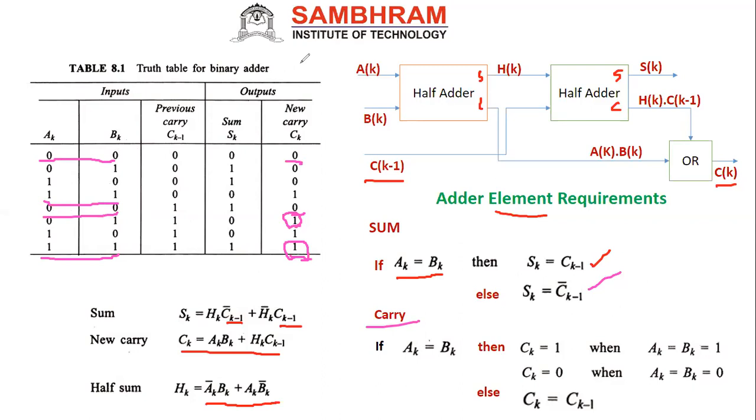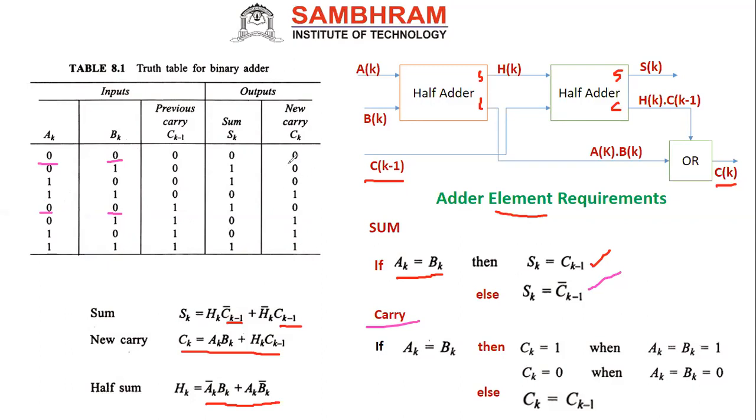Okay, so let me see in this way better. Instead of AK equal to BK, I will go like this, okay? I will say in this way better. AK, BK is equal to 0, 0 first. AK, BK, 0, 0. I'll go for the condition 0, 0 first. Both 0, 0. Okay, here only.